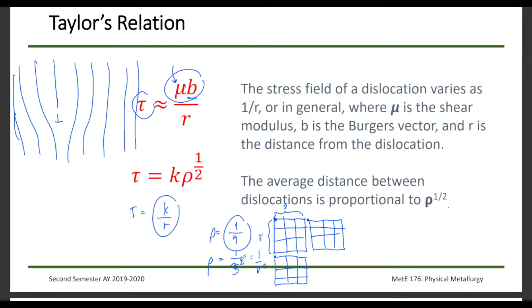And therefore, if we rearrange that, we can find out na si r is equal to 1 over square root of rho. Or pwedeng since 1 over r squared dito, pwedeng hindi na natin i-ano, no? I-square root na lang natin siya.